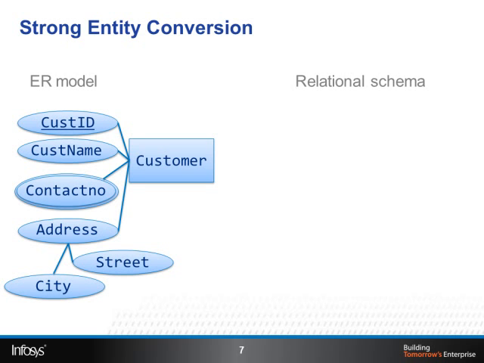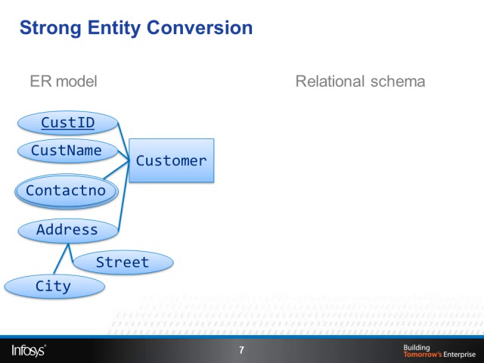Consider that the entity customer has a key attribute, customer ID, a single-valued attribute, customer name, a composite attribute, address, and a multi-valued attribute, contact number.